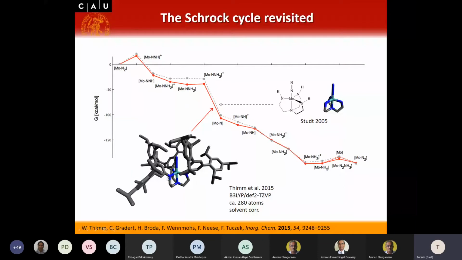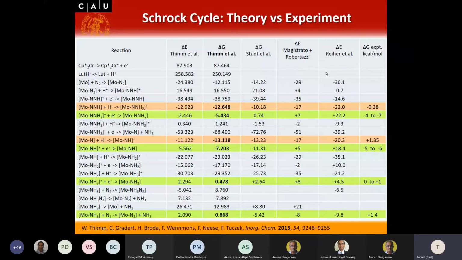And if one compares the theory with the experiment, here you have all the protonation and reduction steps. Here you have the experimental values, and for certain reductions and for certain protonations, we have experimental values, and you can see that the reductions are very well matched by the calculations.